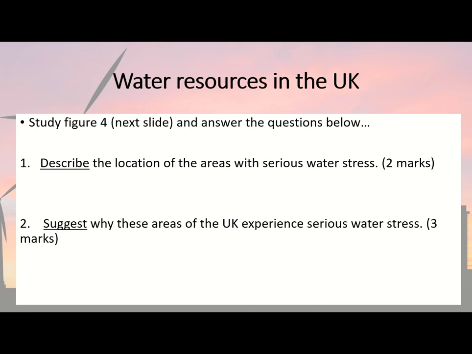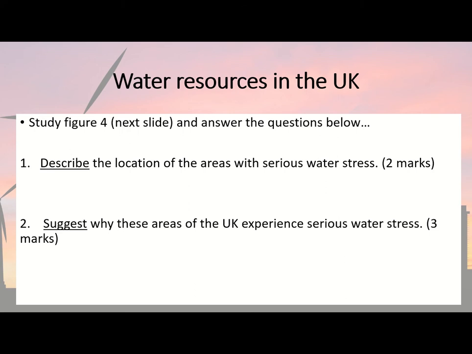Alright, but it says suggest. Now they're the same thing in terms of you have to give reasons, but explain tends to be the reasons you should know them. They're fairly definite, and there might be a wrong reason. Whereas suggest is you can basically offer a reason, and if it makes sense, if it's sensible, it doesn't have to be exactly right. If it's sensible, it's appropriate, they'll give you a mark.